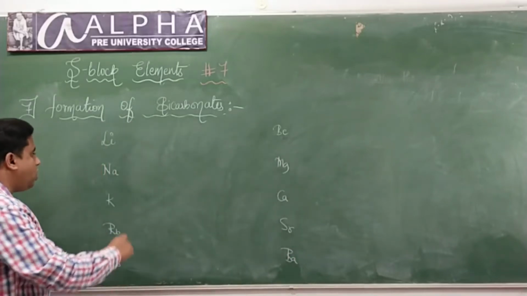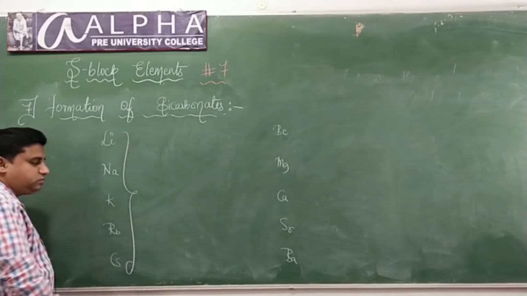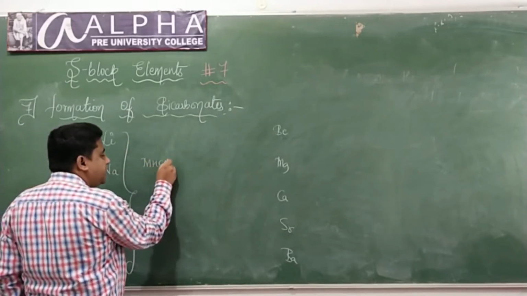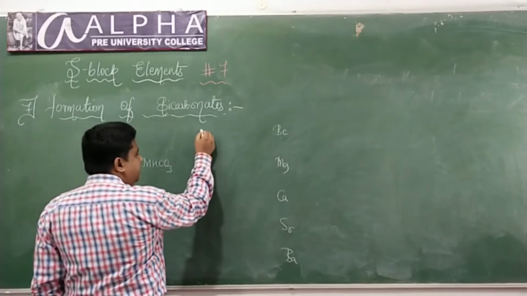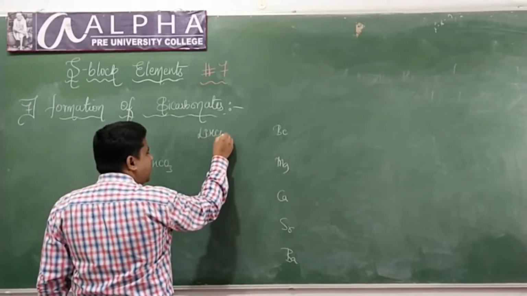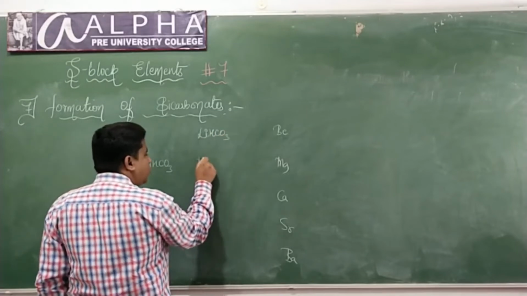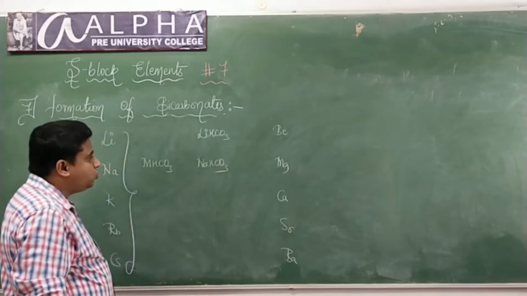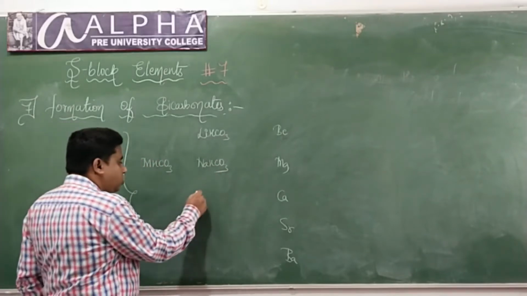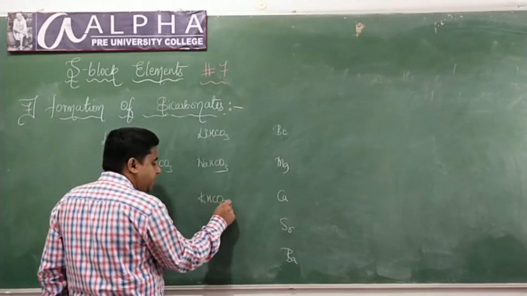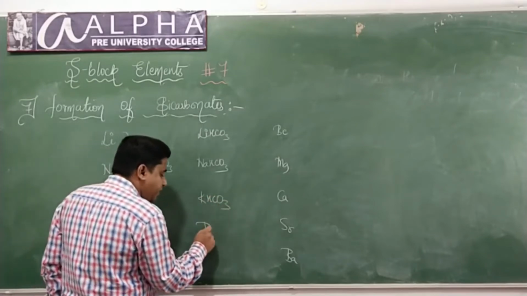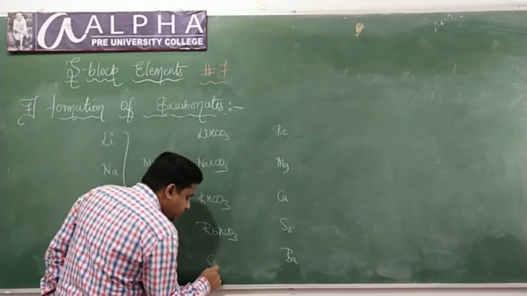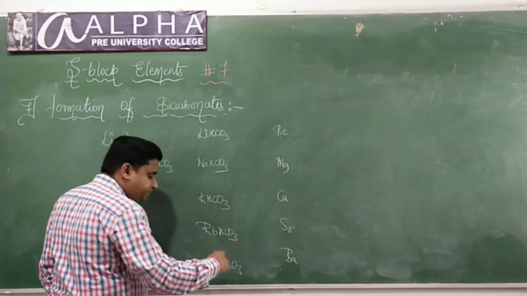All alkali metals will form bicarbonates of the type MHCO3. For example, lithium bicarbonate LiHCO3, sodium bicarbonate NaHCO3, potassium bicarbonate KHCO3, rubidium bicarbonate RbHCO3 and cesium bicarbonate CsHCO3.